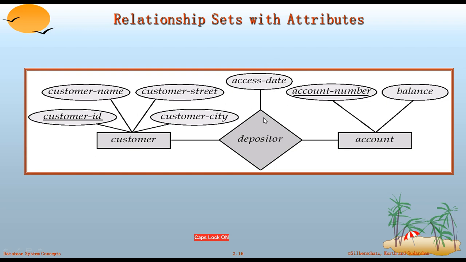So a relationship sometimes also has an attribute. Here it is access date. When a customer deposits into an account, that particular date is known as the access date. This is the pictorial representation of a diagram with relationship sets with attributes.